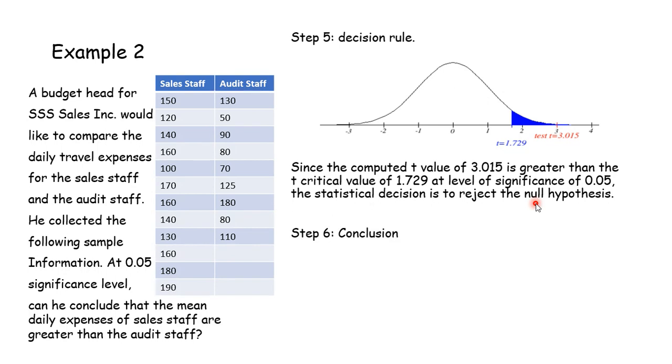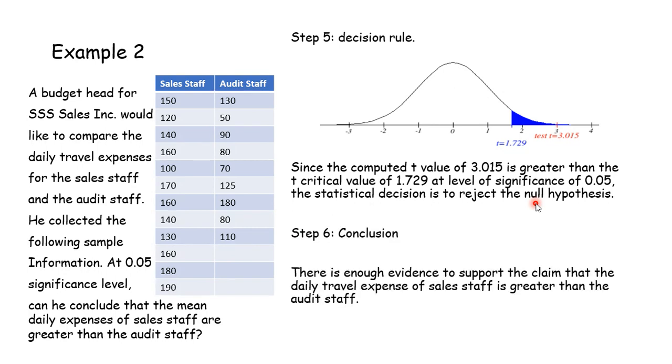For the conclusion, since we reject it, ibig sabihin din po nun, there is enough evidence po to support our claim that the daily travel expenses for sales staff is greater than sa audit staff po. Yan po yung whole solution for example number 2.